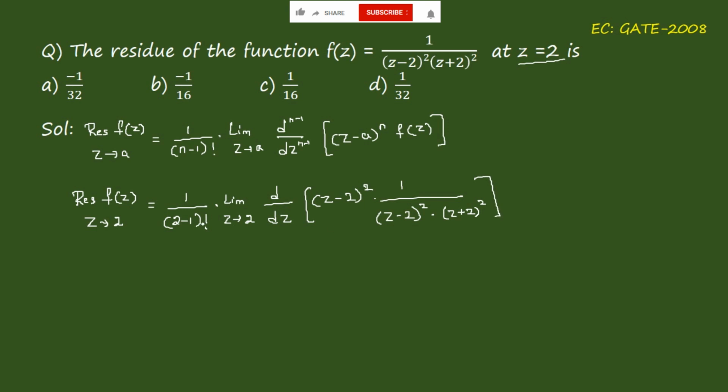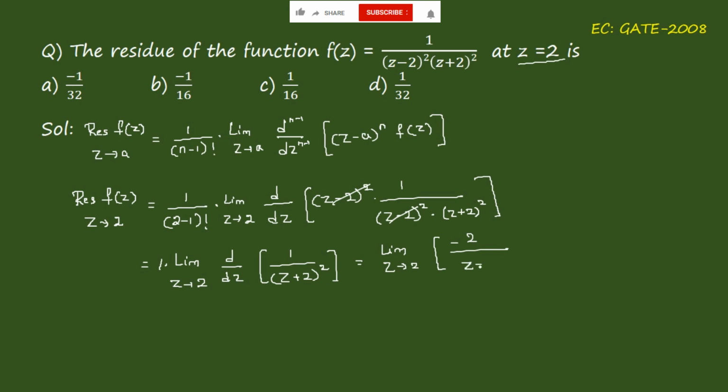So just solving it here, it becomes 1 factorial, which is 1, so it becomes 1 into limit z tends to 2 of d by dz of 1 by (z plus 2) whole square, as these two get cancelled, right? Which is equal to, it becomes limit z tends to 2. Finding the differentiation of it, it becomes minus 2 by (z plus 2) whole cube, right?